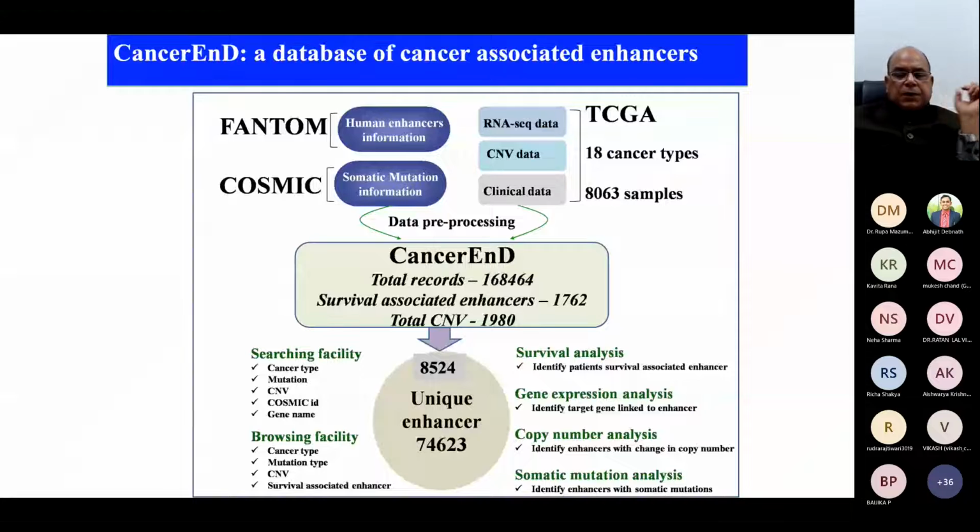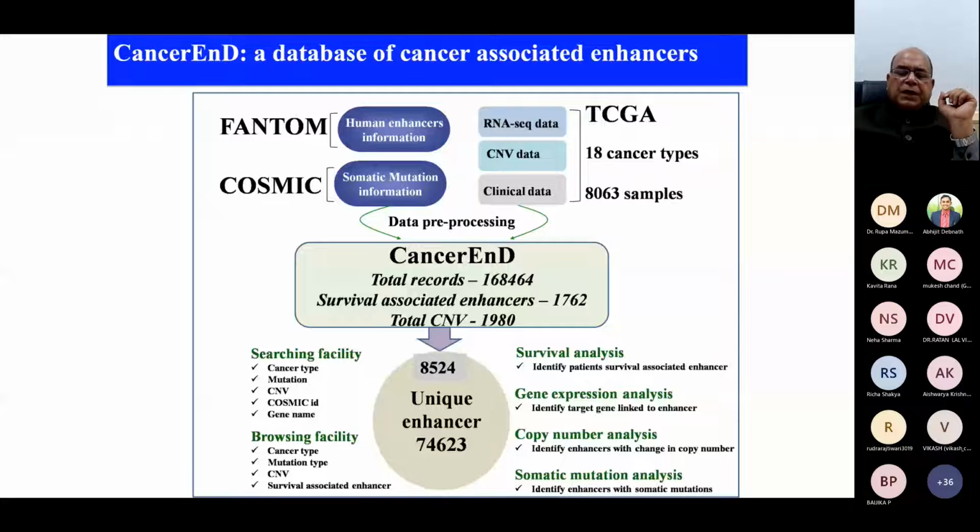There is another interesting part. There is a promoter region, and in promoter regions you have the transcription factors, where the transcription occurs, and there you have the enhancers. These enhancers control the expression of the genes.